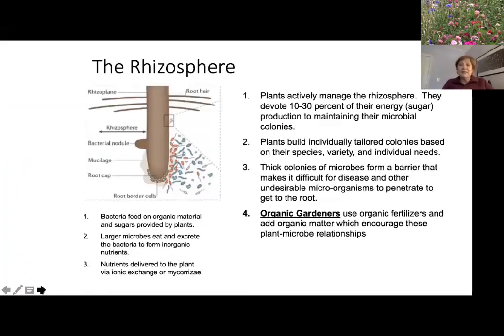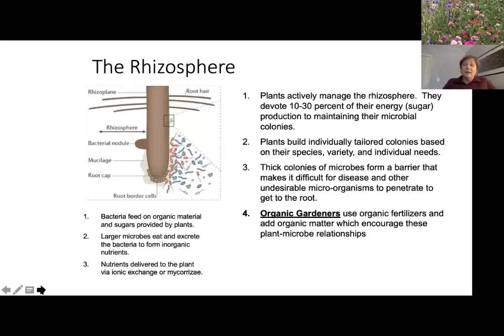Plants actively manage this rhizosphere region. They can devote up to 30% of their energy to producing the microbial colonies, and in turn, those colonies protect the plant roots from other microbes which could be harmful. So this is a real beneficial relationship.